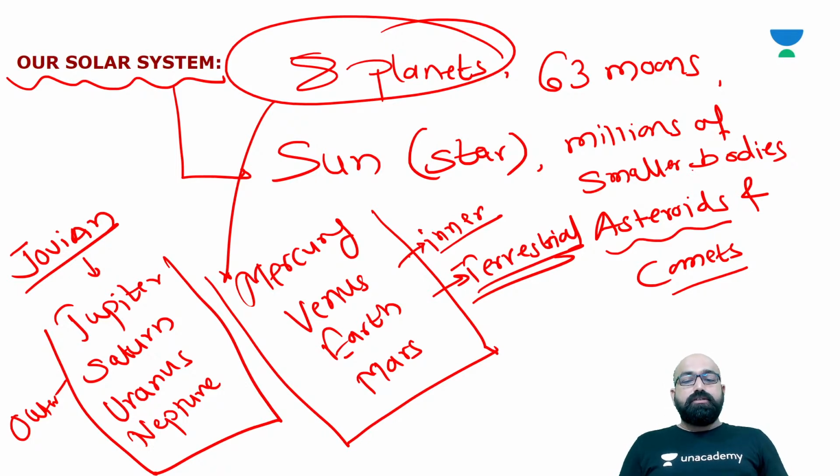Jovian means Jupiter-like. Most of them are much larger than the terrestrial planets and have a thick atmosphere, mostly of helium and hydrogen. All the planets were formed in the same period, about 4.6 billion years ago.